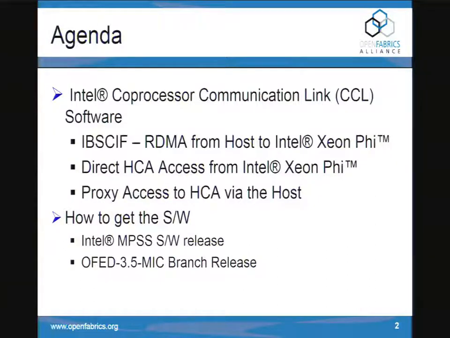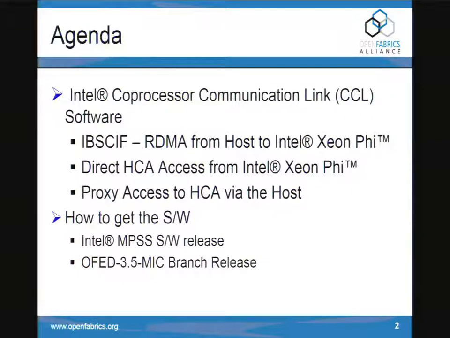To do that, we had to invent a whole bunch of software magic, because the card itself is a PCI card, and you can't dedicate a NIC device to a PCI card that doesn't have a PCI root complex. So how can you actually have cards directly DMA data between themselves? I'll talk about how we did that with PCIe peer-to-peer transfers and a whole bunch of software to make that happen.